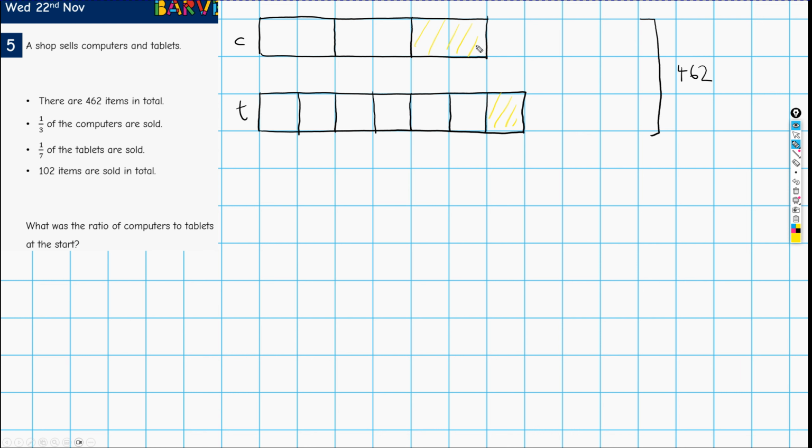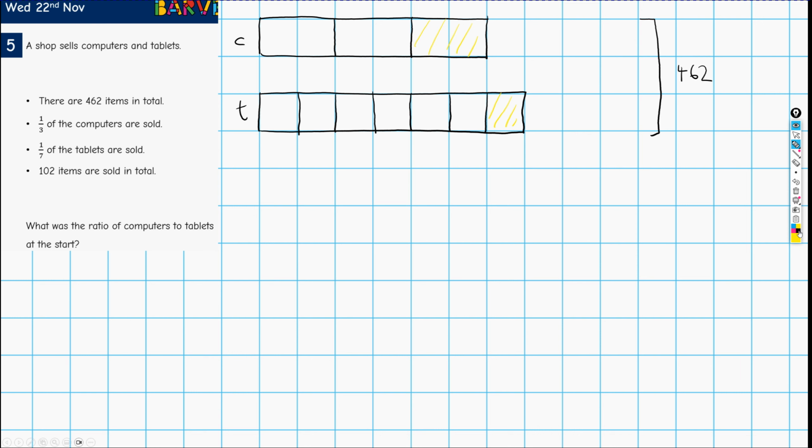But as I said, we don't know how much of the 102 is represented by this, how much of the 102 is represented by this. And just because I've drawn them this way round, where I've made the parts for the tablets smaller, there's actually nothing that tells me that number would be smaller than that one. I just don't know. So what can I do?